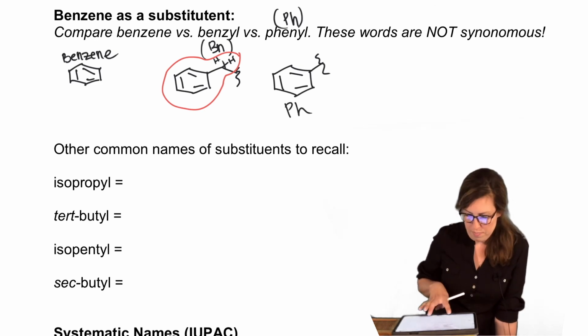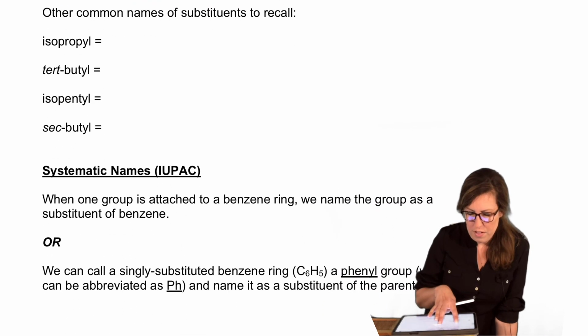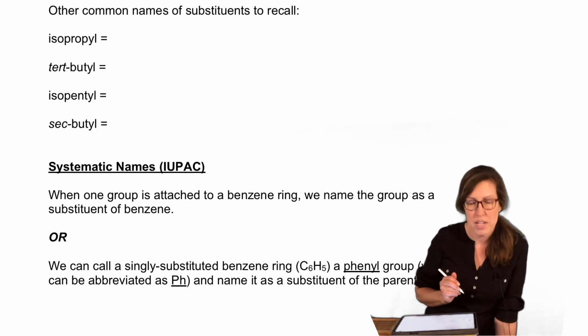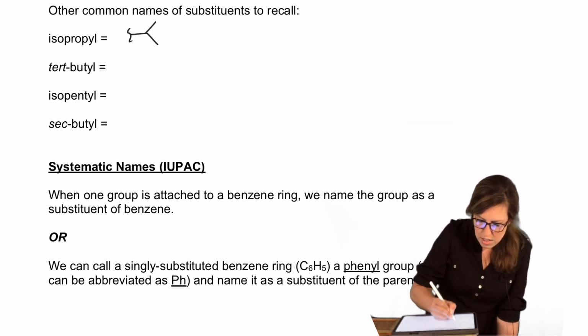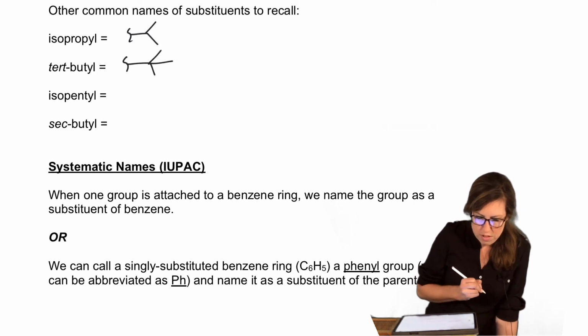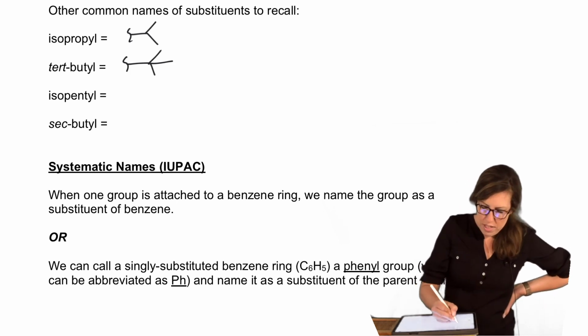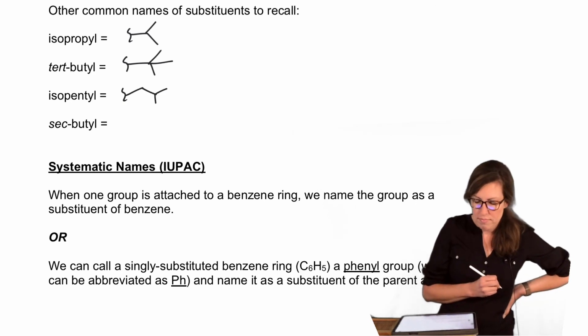When we're naming, other things that are convenient are common names of substituents. This is old stuff, but I'm reminding you. Isopropyl, remember that's this piece. Tert-butyl, where the squiggly line means the rest of the molecule isn't shown. What else do we have? Isopentyl, sometimes even called isoamyl.